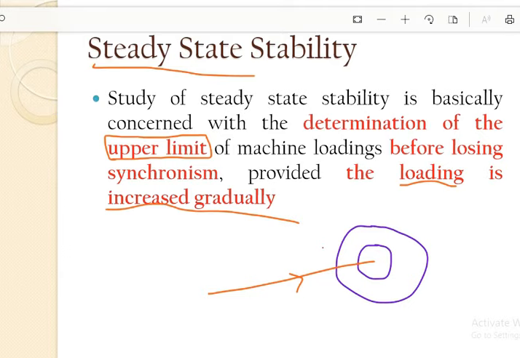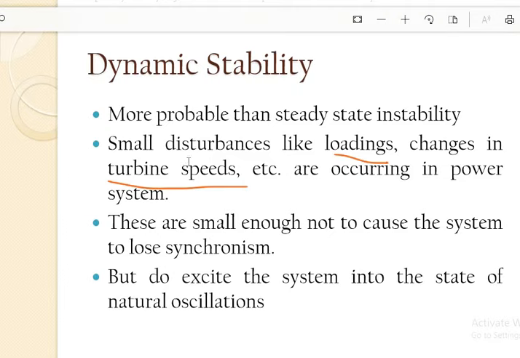Now the next is dynamic stability. Some examples of the disturbances are turbine speed, loadings, etc. We have discussed how this speed affects the speed of the rotor. These are actually very small disturbances. They will not make the machine lose synchronism. If a very small disturbance occurs in a particular system, what will happen?